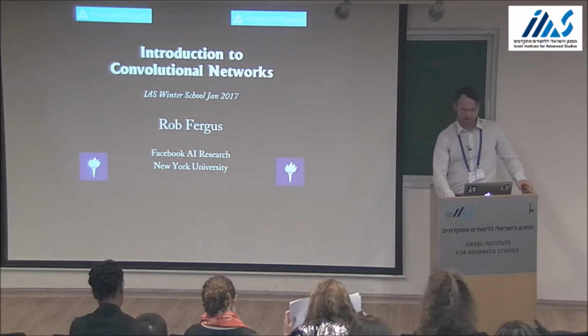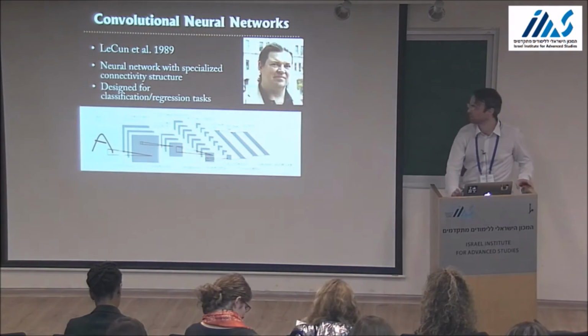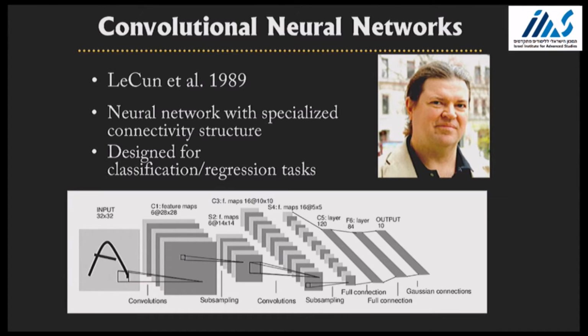All right. Okay. So now I'm going to talk pretty much exclusively about convolutional nets. So here's a picture of Yann LeCun, who invented them. You can think about these essentially as a neural network with just a specialized connectivity structure, which I will talk about in a moment. And that makes it particularly appropriate for tasks involving images.